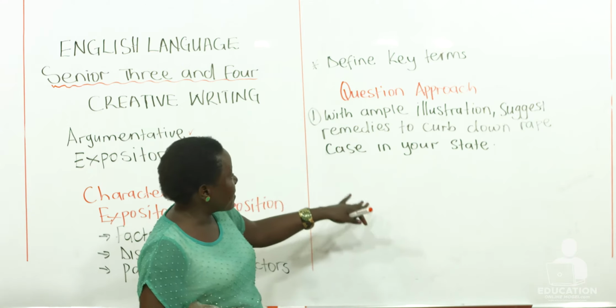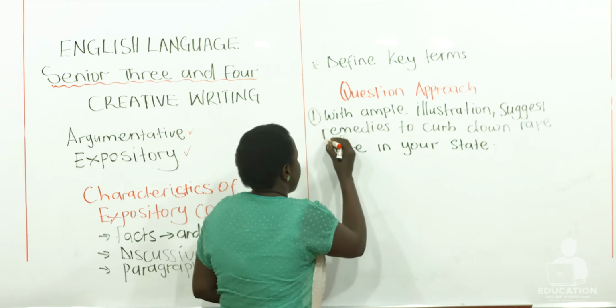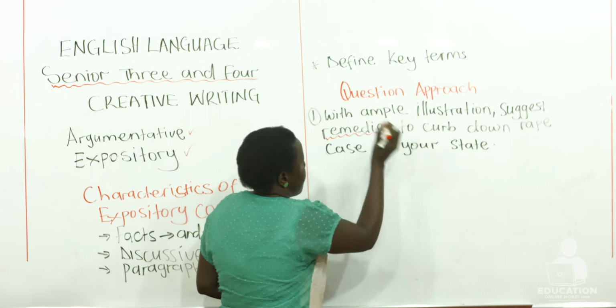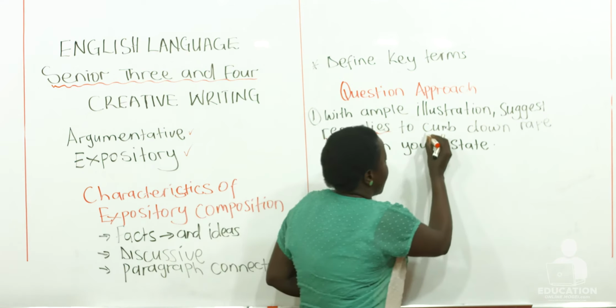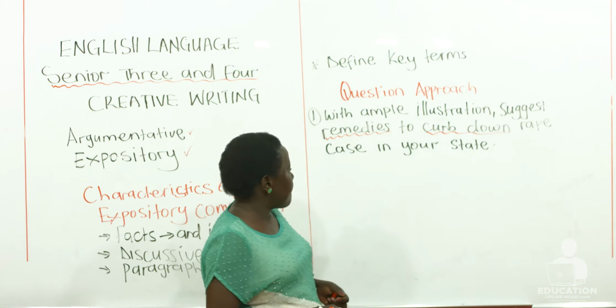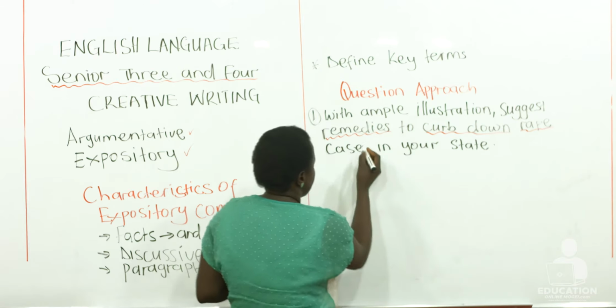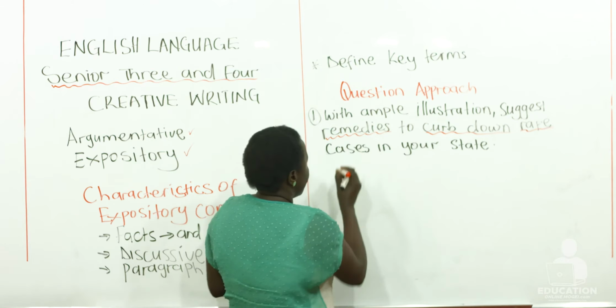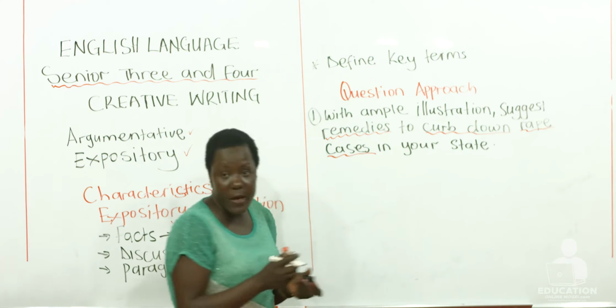You may come here and say remedies. You can even underline it. Remedies, one of them. Then you can underline curb or even curb down. Then rape cases. You may also underline rape cases. Then the rest, you can leave them.